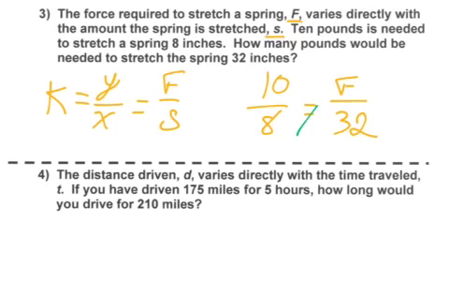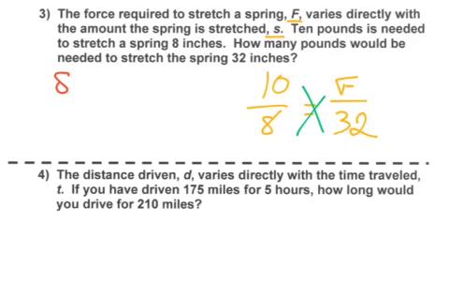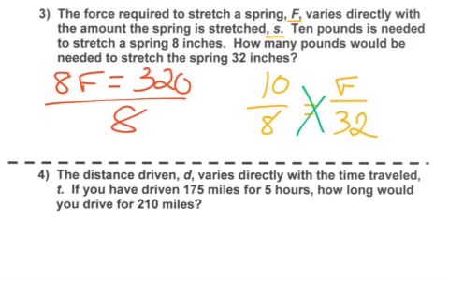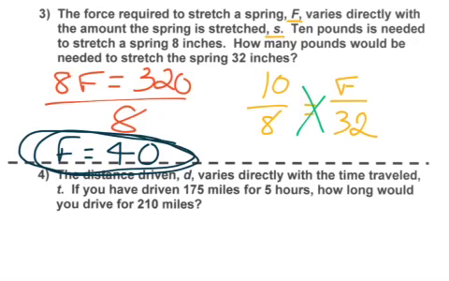Again with the cross multiplying, we get 8F is equal to 320, divided all by 8, and F would be 40 pounds. 40 pounds needed to stretch the spring 32 inches.